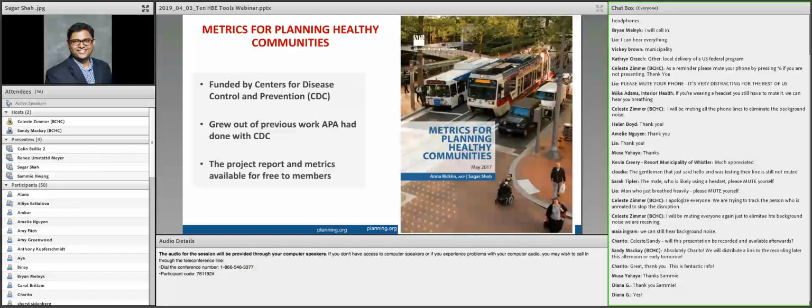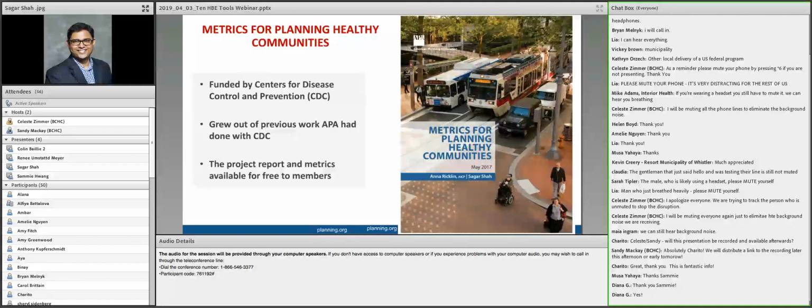So my presentation will focus on the Methods for Planning Healthy Communities toolkit, or the report that we created. There is a lot to talk about, obviously, but I won't go into details; I'll provide an overall perspective of this toolkit and the report.